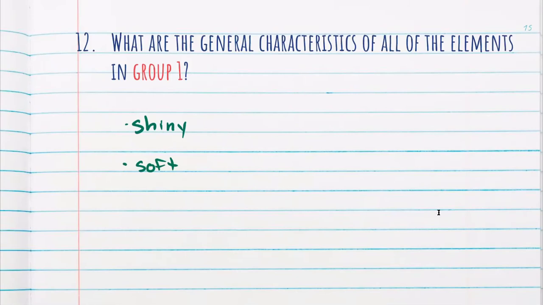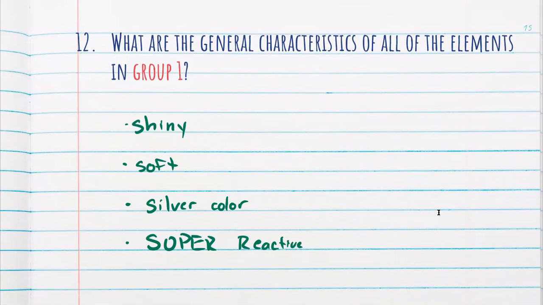And in terms of color, they're very silver-like. However, one of the things that they all share is that they are super reactive. It doesn't take much to start a chemical reaction with our alkali metals.